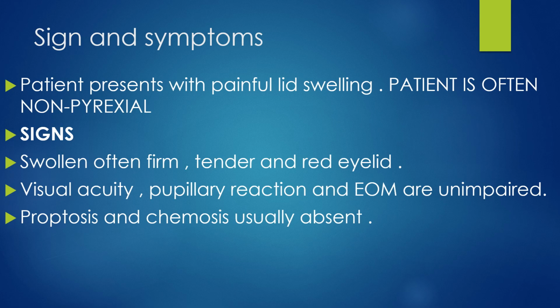There is swelling of the lid which is firm, tender, and red. The visual acuity, the pupillary reaction, and extraocular movements are unimpaired. The proptosis and chemosis of the conjunctiva are usually absent.